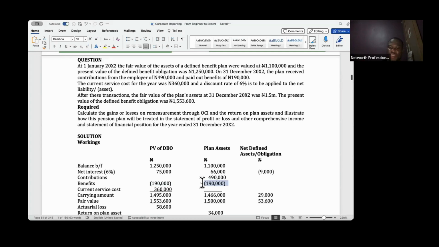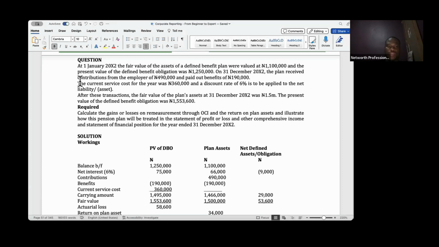So I'm removing it from my plan asset. I am also removing it from my obligation. It nets off. That's benefits. I'm paying out benefits. Okay, DBO is defined benefit obligation.